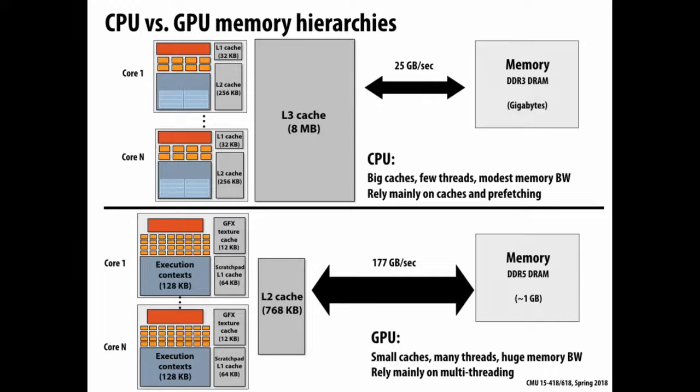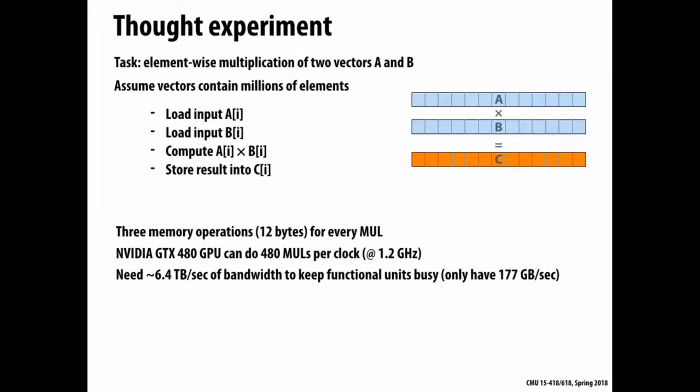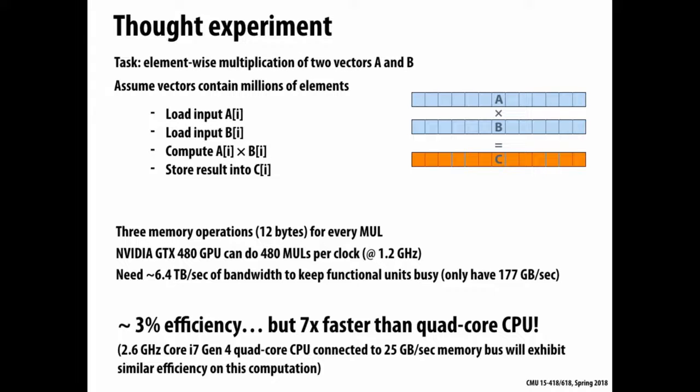It has 177 gigabytes. So in this case, it will run totally constrained by that pipe, and so it's only 3% efficient. It's basically starved by memory bandwidth. But that will still be 7 times faster than you could pump through my comparable Xeon processor.